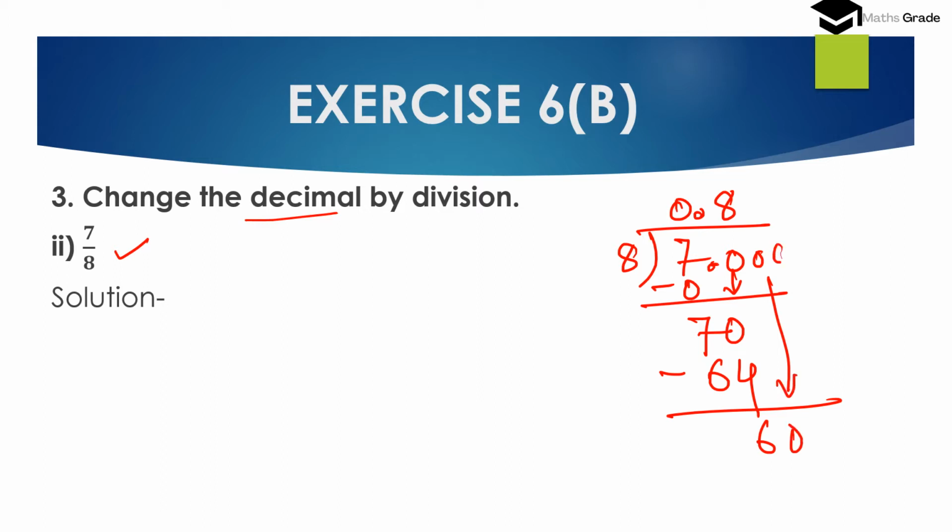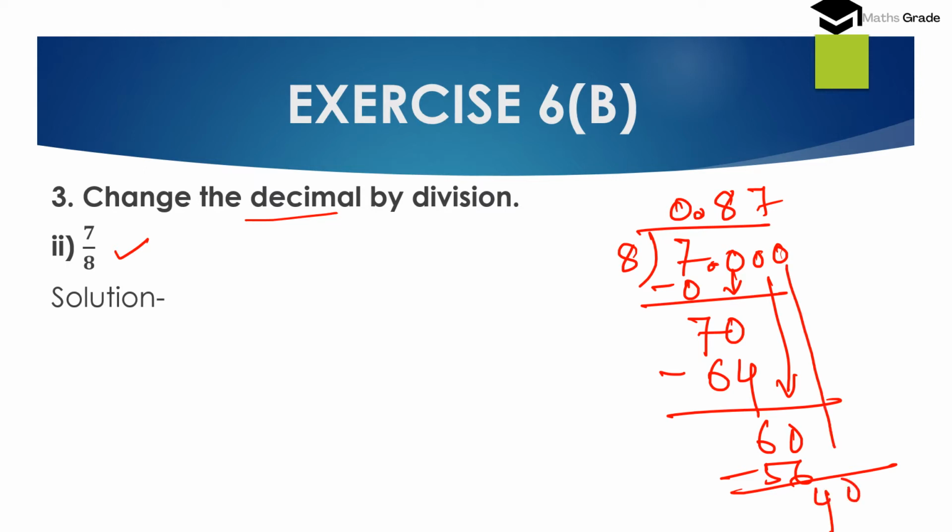After the decimal point, we can write any number of zeros. So here 7.000. Now this 60. 8 8s are 64, but 64 is bigger than 60. Now we have to multiply 8 7s are 56. 60 minus 56 is 4.